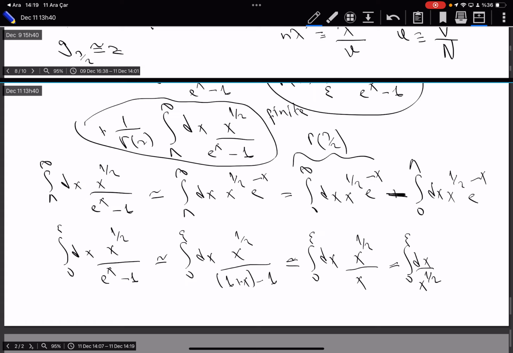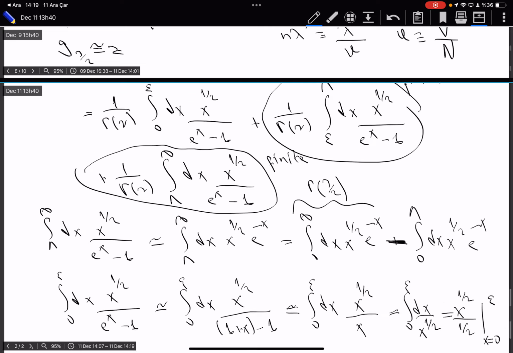So here we see that the integrand diverges. I'm basically writing an approximate expression for the original integral. If it's a good approximation, wherever my original integrand diverges, my approximation should also diverge. But that integral is trivial to evaluate. This is x to the power 1/2 divided by 1/2, with x ranging from 0 to epsilon, which is finite.